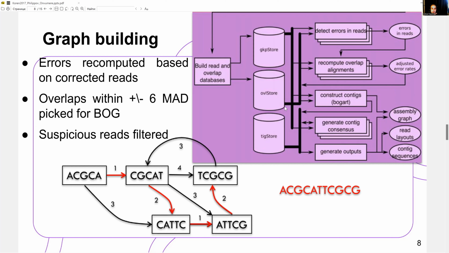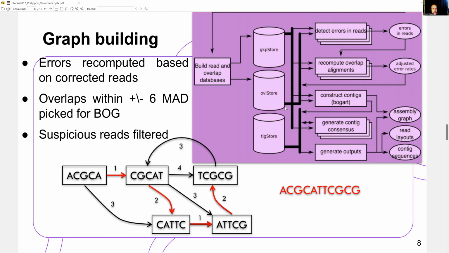So we have our recalculated error rate, which can be expressed as median error rate. And the overlaps inside the span of plus minus 6 median absolute deviations are considered good and proceed into the graph. Another part of filtering is to filter out suspicious reads.